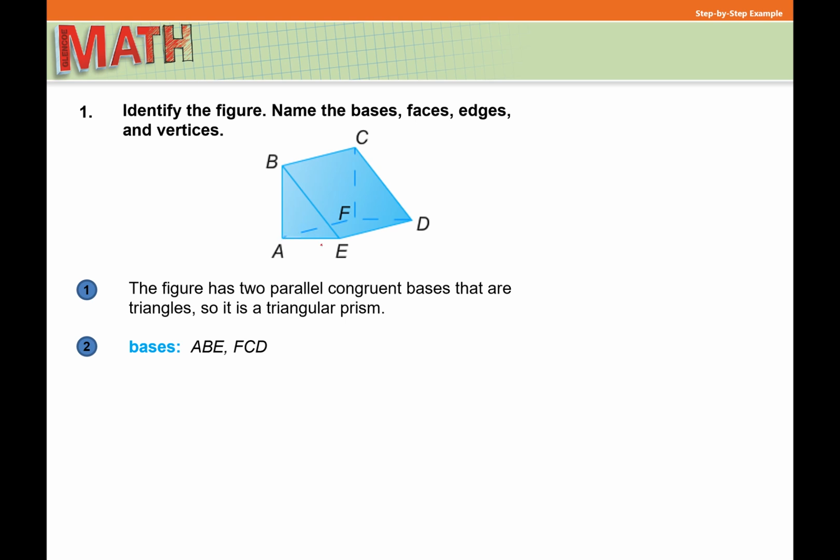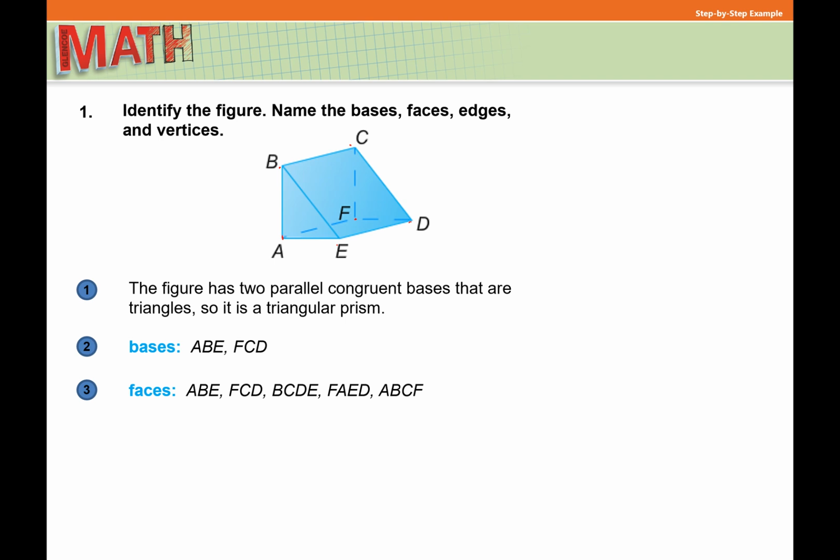So we'll name this base A, B, E, and the other base F, C, D. Now, just something that's important about bases is that they always come in pairs. You're always going to name bases in pairs. Why? Because bases are almost always going to be matched up because they are parallel and congruent with another face.